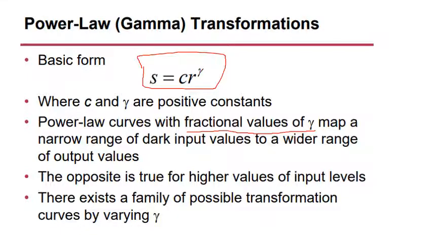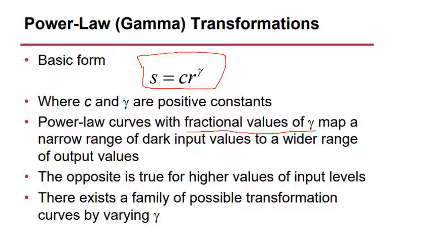If the value of gamma is fractional, the mapping from R to S maps a lower range of dark input values to a wider range of output values. If the range of dark input values is low, we are going to stretch it and make it a wider range of output values. In the same way, the opposite is true for high values of input levels.